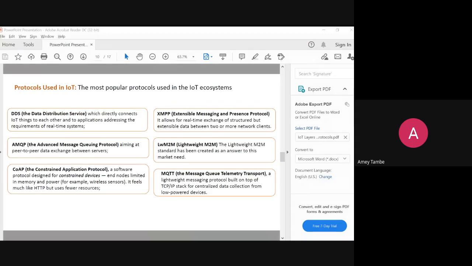Again, moving towards a different protocol, there is another widely used protocol called the Constrained Application Protocol, that is the CoAP protocol.